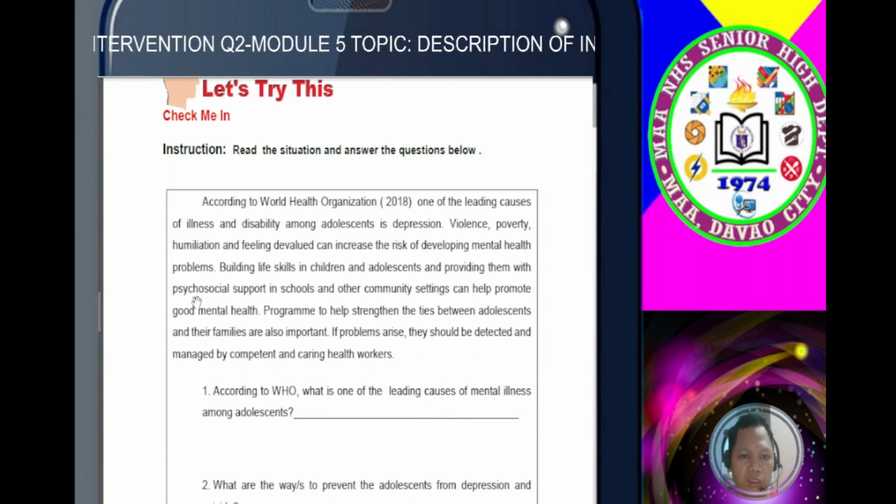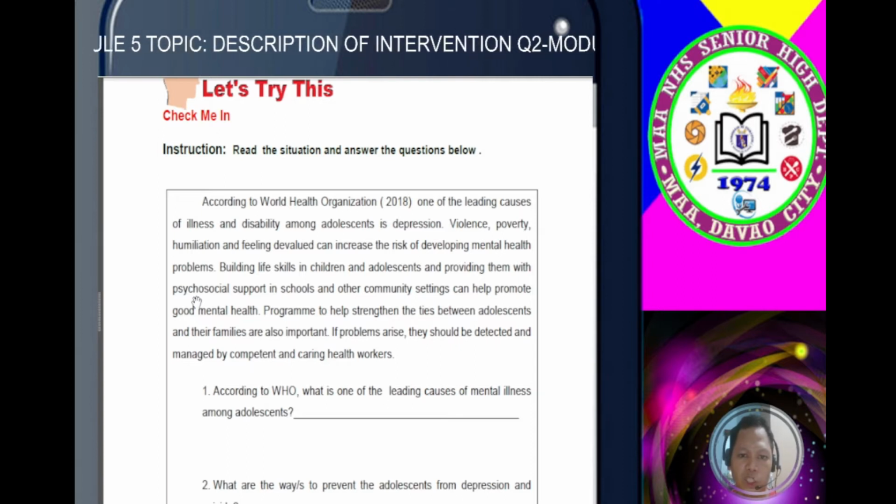This is the situation. According to the World Health Organization, one of the leading causes of illness and disability among adolescents is depression. Violence, poverty, humiliation, and feeling devalued can increase the risk of developing mental health problems.